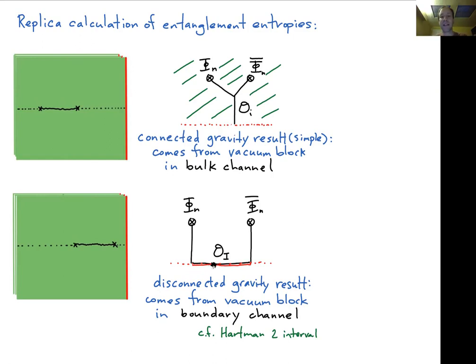And so you have this other channel where first you express both of these bulk operators in terms of boundary operators, and then your bulk 2-point function reduces to a sum of boundary 2-point functions. Okay, so both of these are just exact ways to express the 2-point function, just as we can express the 4-point function in different channels.